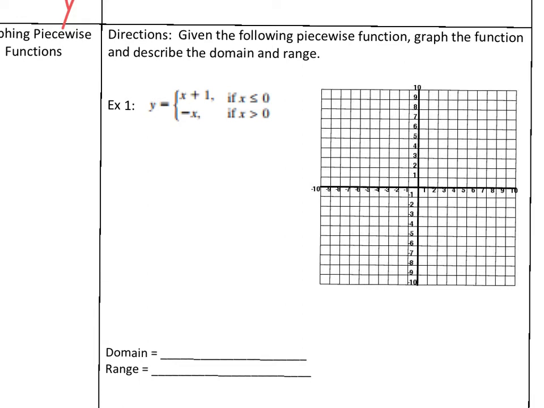Okay, so my first equation is y equals x plus 1 when x is less than or equal to 0. My second equation is y equals negative x when x is greater than 0.